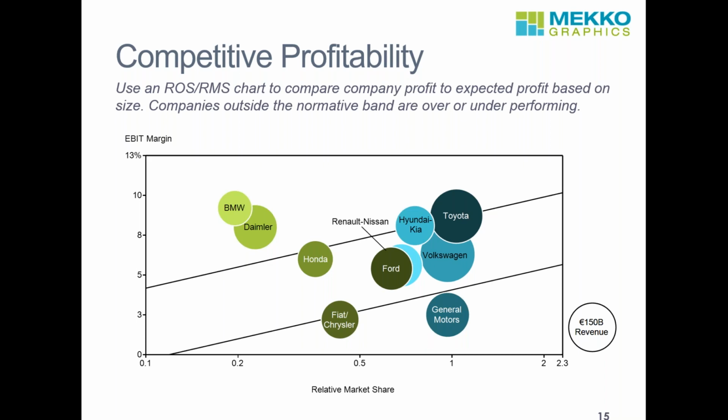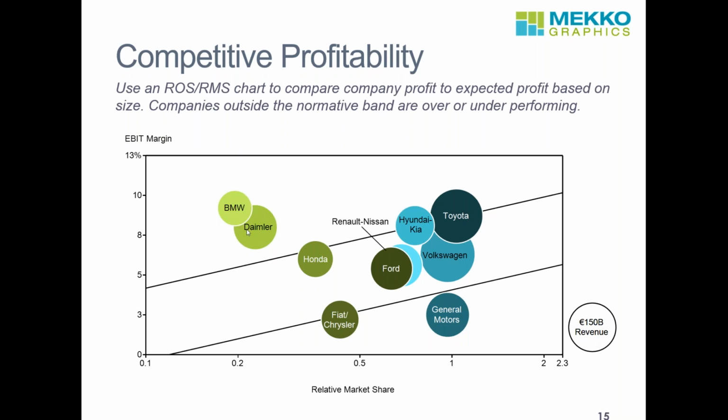So we're going to measure size by relative market share on the x-axis and profitability here by margin on the y-axis. We often add a normative band to the chart. The notion is that the companies within the normative band are as you would predict, the relationship between size and profit is as you would have predicted, and the outliers are outside of the normative band.